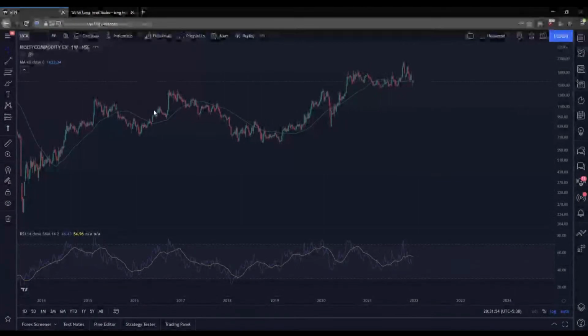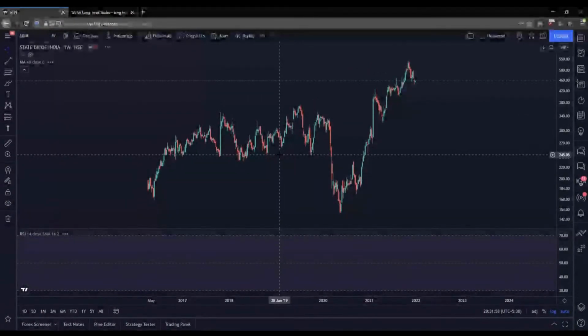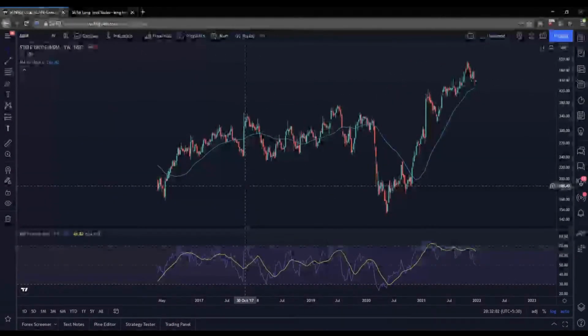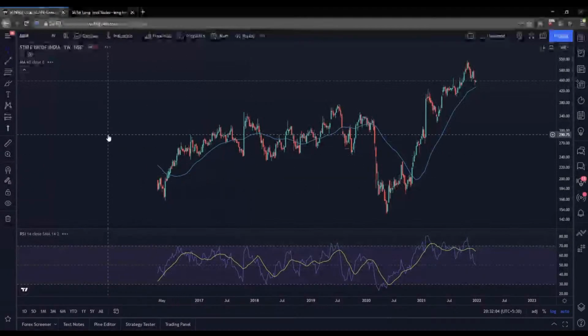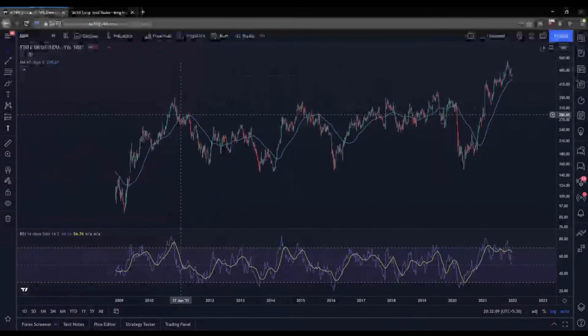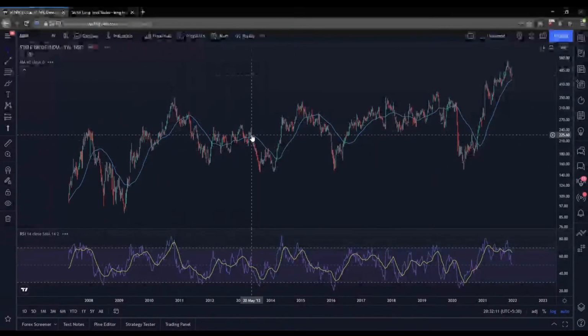You'll see a similar story in SBI. In daily and 15-minute charts, it's tough to see this big picture, where SBI for a very long time has been hovering around its moving average.